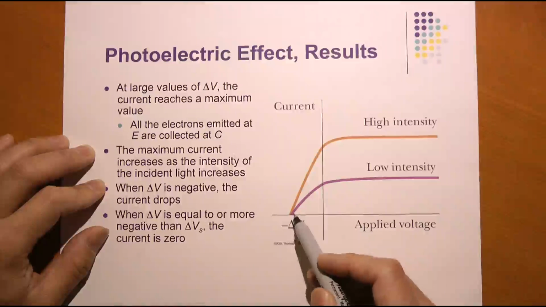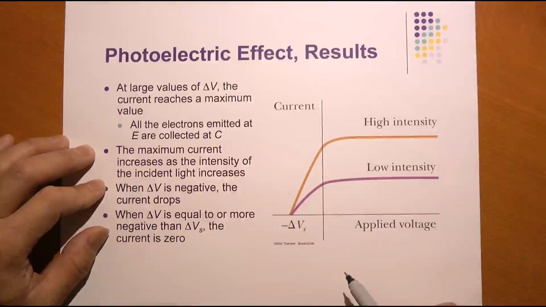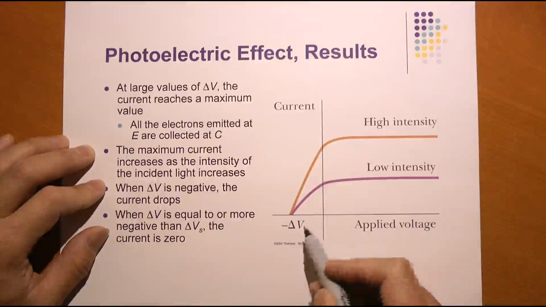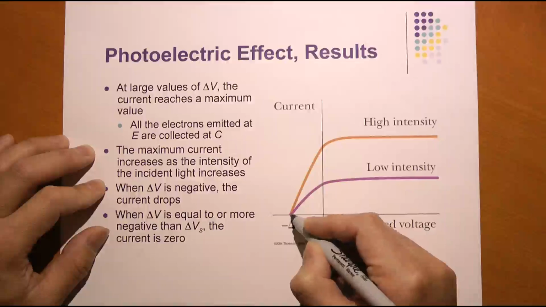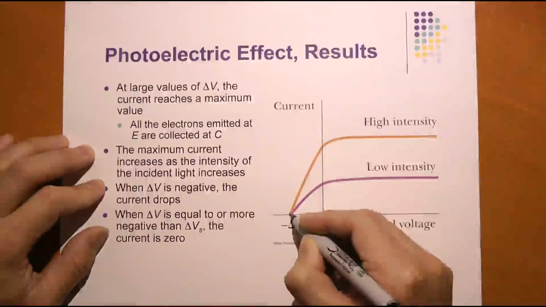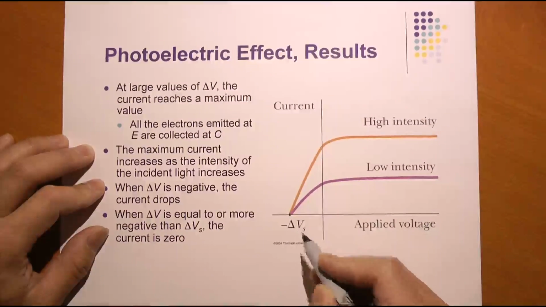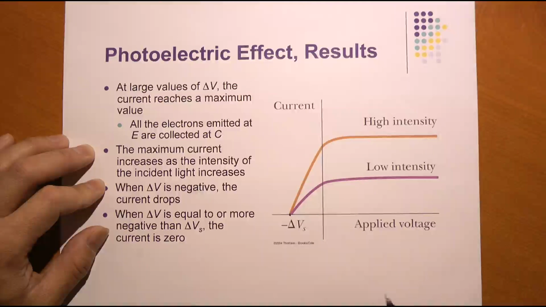So that makes sense. Now the problem here is that this maximum reversing stopping potential, negative delta Vs, depends not on the intensity of the light, but on the frequency of the light.